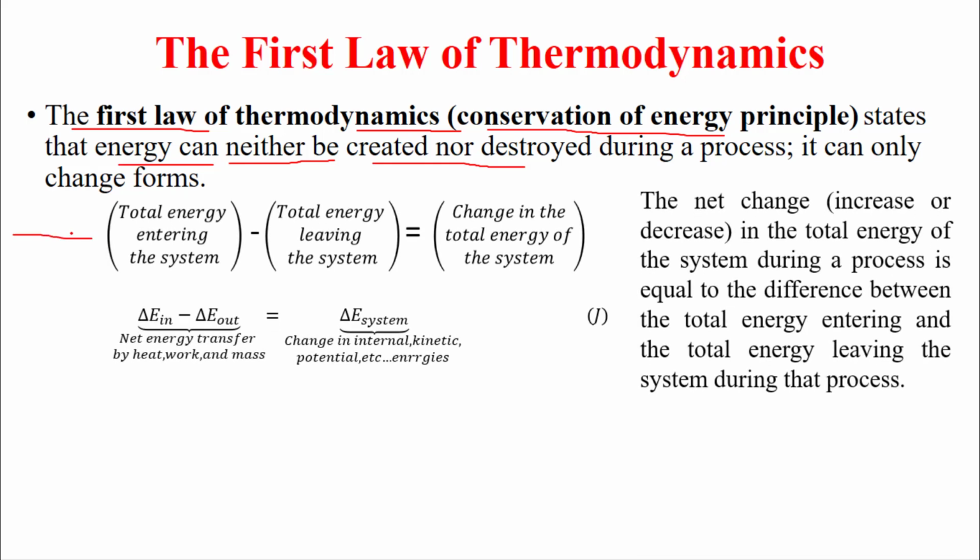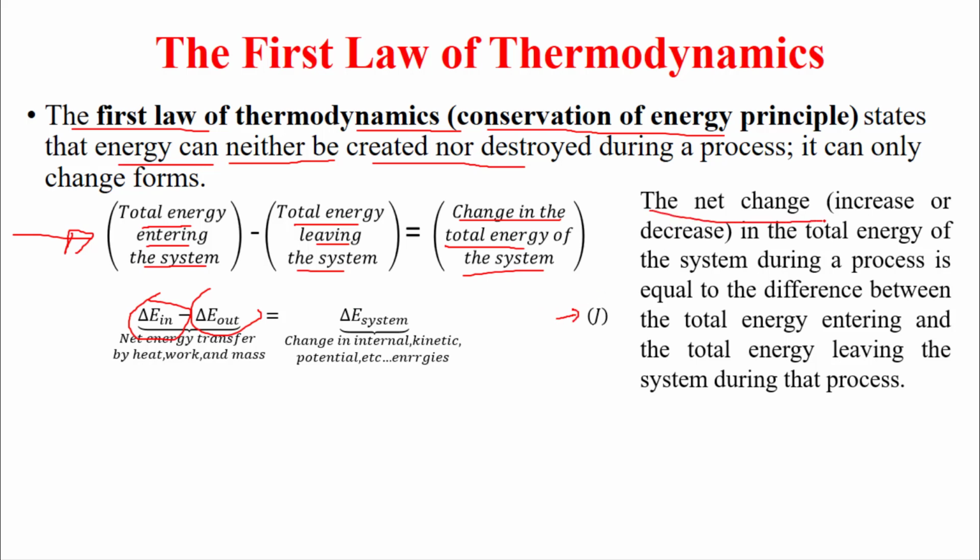And we define this equation: the total energy entering the boundary minus the total energy leaving the boundary is equal to the amount of energy stored, the change in the total energy of the system. So delta E for a system, delta E out, delta E in. Each term is written uppercase, and their unit is joule.